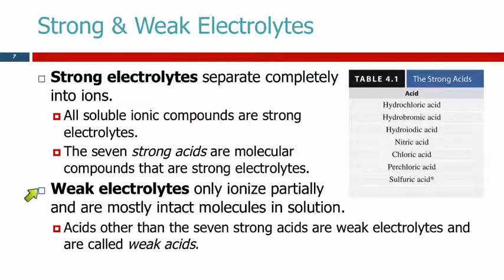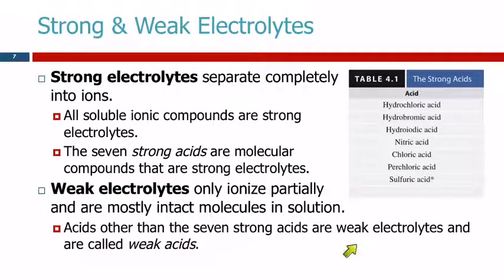Weak electrolytes only ionize partially. Weak electrolytes are going to be molecular compounds that ionize a little bit. So acids form ions in solution. They form hydrogen ions, but not all of them are ionized completely.